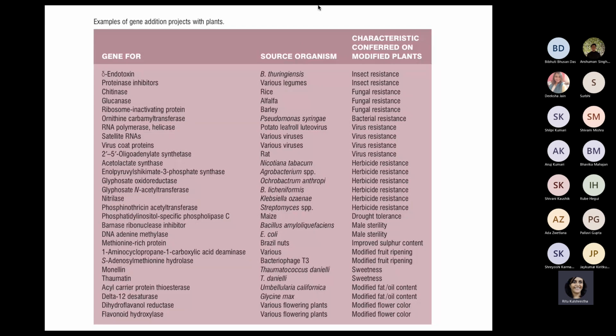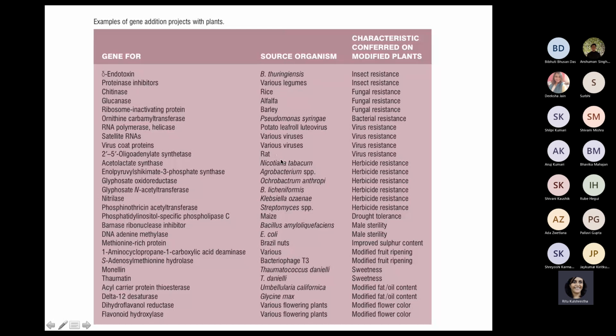So in some cases, the source organism of the transgene has been another plant. In some cases it is bacteria, in some cases it is virus, and so on. So you have to appreciate the fact that, see, in this case a rat is the organism.